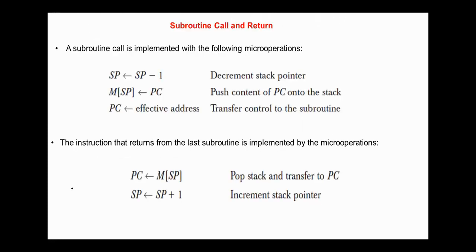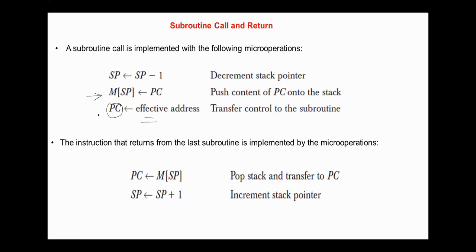A subroutine call is implemented with the following macro operations. We decrement the stack pointer, then we push the content of the program counter onto the stack. Then the effective address is loaded or transferred to the program counter, causing a transfer to the first statement in the subroutine.